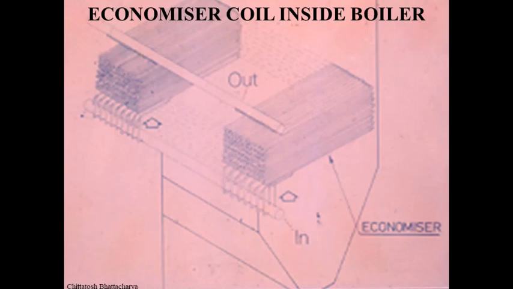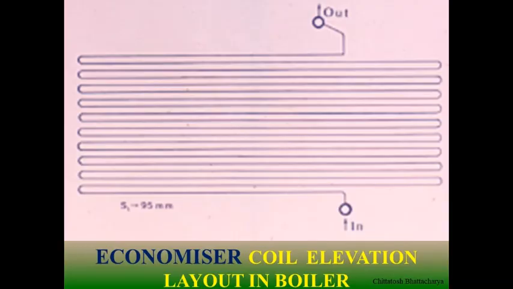So the outlet is placed at the top, so there is a counter flow arrangement. Flue gas is coming from the top and water is entering from the bottom. So water enters at lower temperature and gets out at higher temperature, flue gas enters at higher temperature and is discharged at lower temperature.